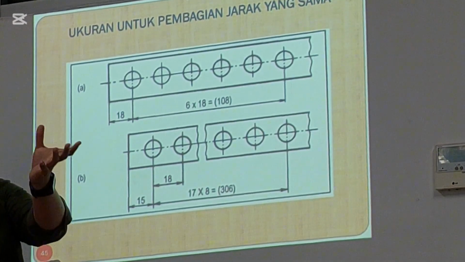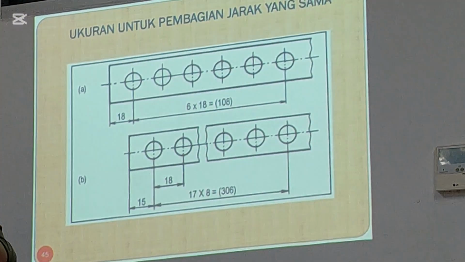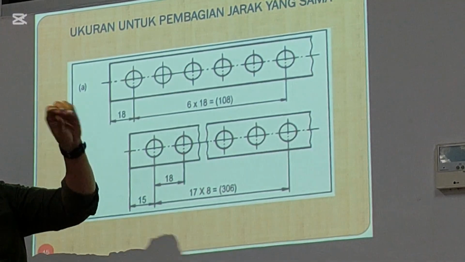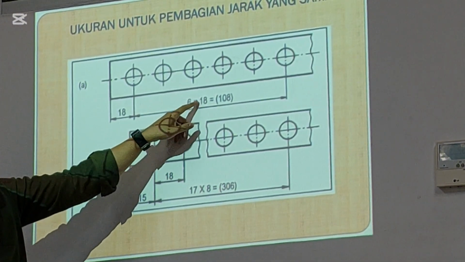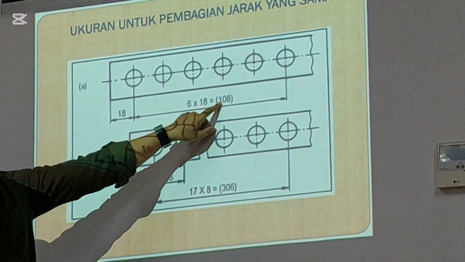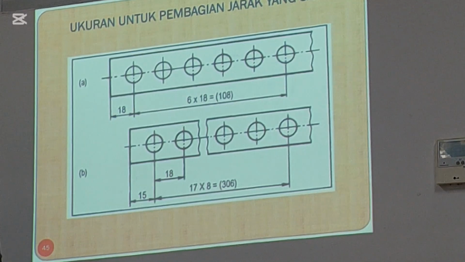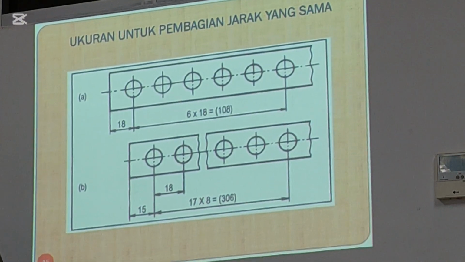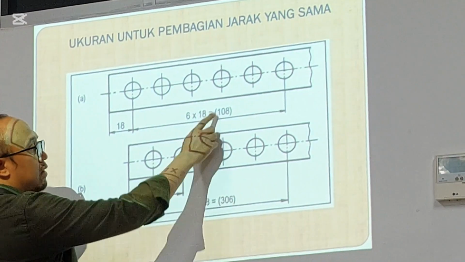Sometimes less, but sometimes bigger. That's why you put this symbol. It means that it's okay if it is less or more. Maybe you know, using mathematics, 6 multiplied by 18 is simply 108. But in the real condition, it will be different. Sometimes similar, sometimes longer, because of some tolerance of the tools. So they add the symbol.